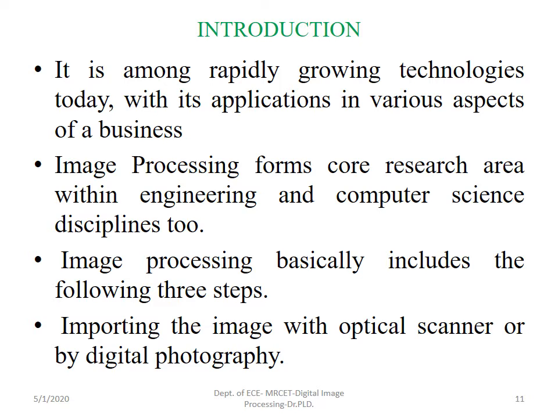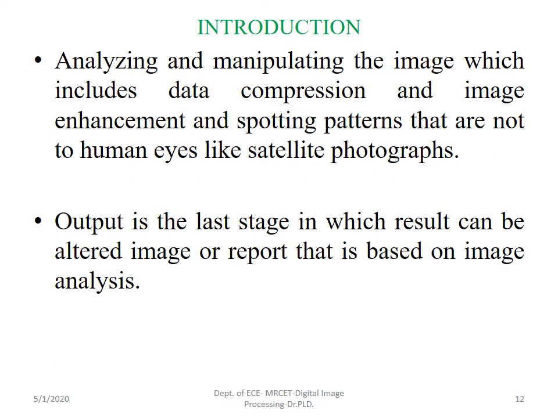Importing the image with an optical scanner or by digital photography. Then analyzing and manipulating the image, which includes data compression, image enhancement, and spotting patterns that are not visible to human eyes, like satellite photographs. Output is the last stage, in which results can be an altered image or a report that is based on image analysis.